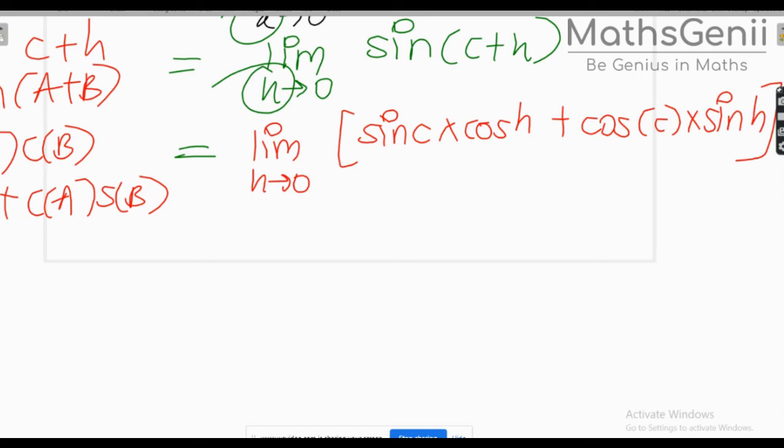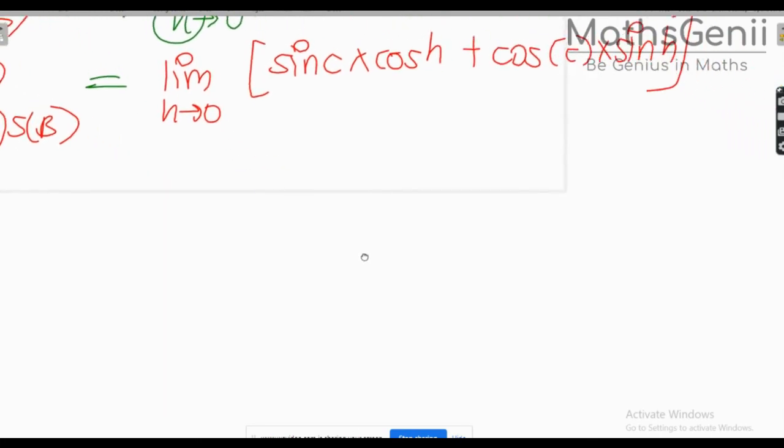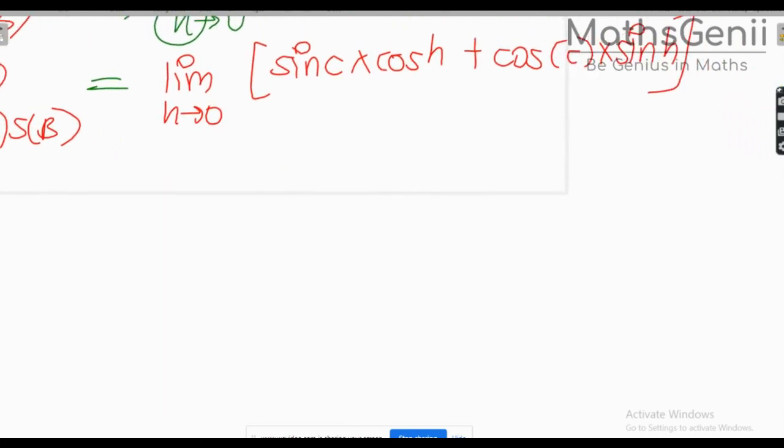Correct? Now always, if you want to find out the limit, this is a plus sign between, so I can break the limit.